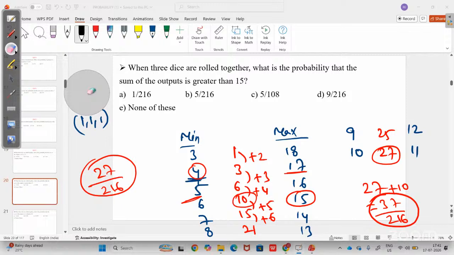So I will write 16, 17, 18. This will be equal to 3, 6, 1, so the sum of the values will be equal to 10, which gives 10 out of 216, that is 5 by 108.